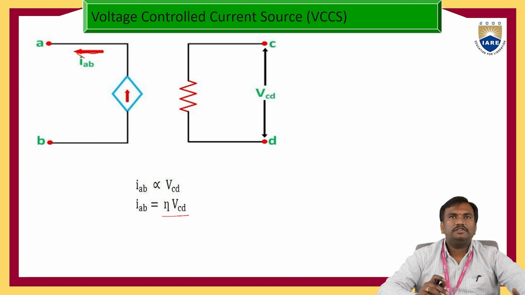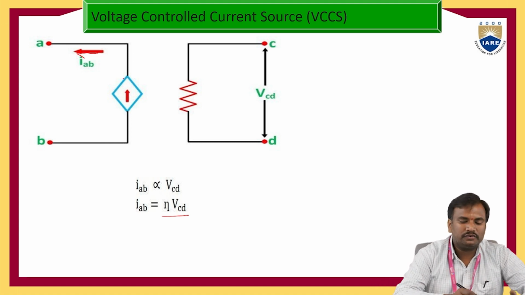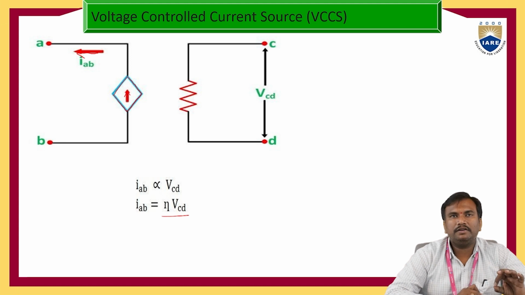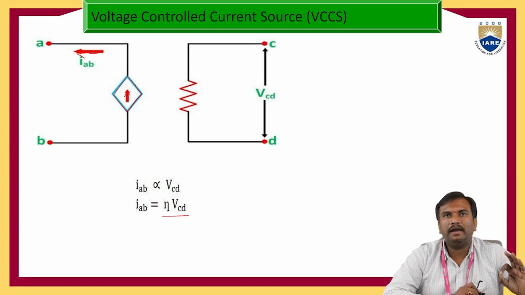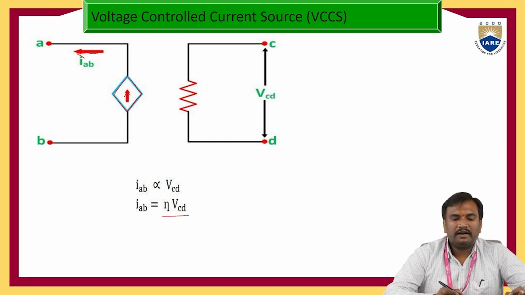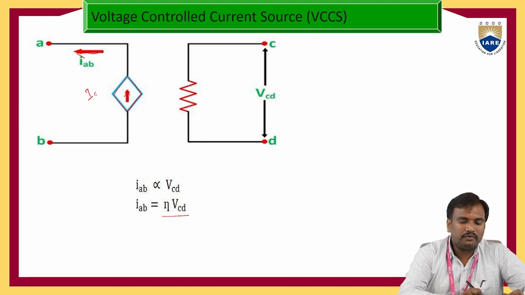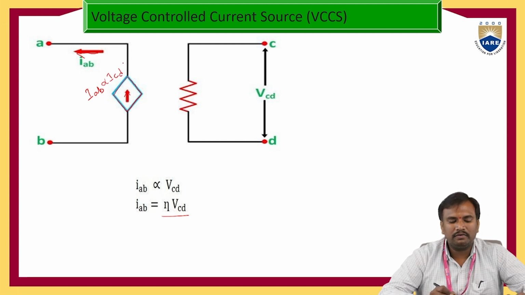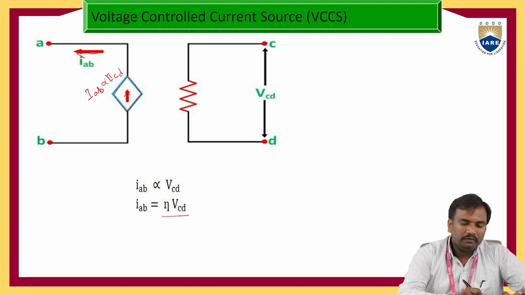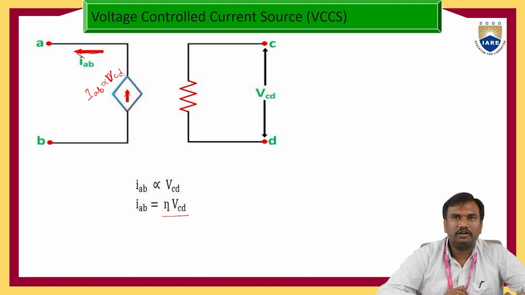The next dependent source is voltage controlled current source. Here the current source is always indicated with an arrow mark, and the dependent source is represented in diamond shape, where the current source magnitude IAB is proportional to VCD.